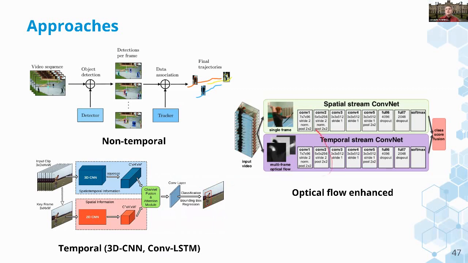So these approaches are generally better compared to the non-temporal ones, and they have pretty similar speed, because calculating optical flow nowadays is done by a small, low resolution convolutional neural network, which has a small computational budget.